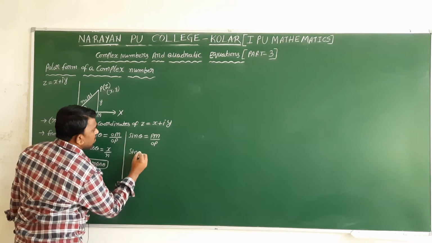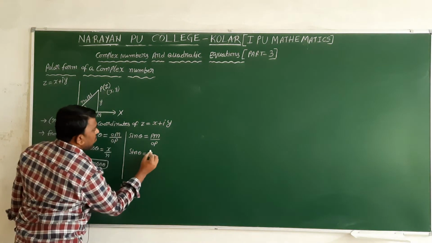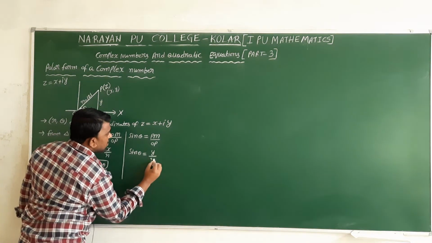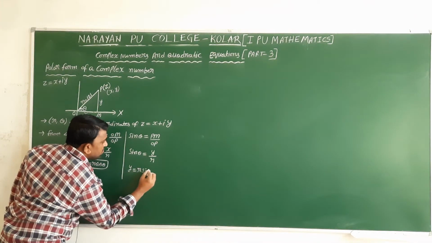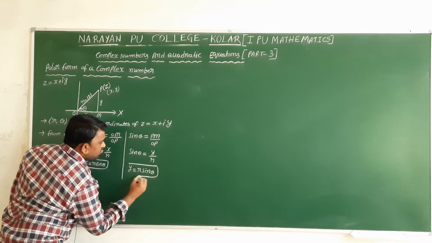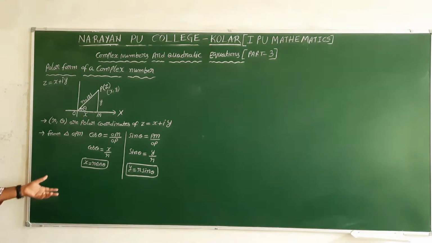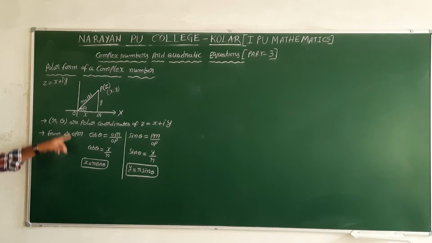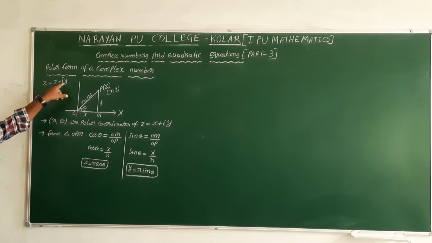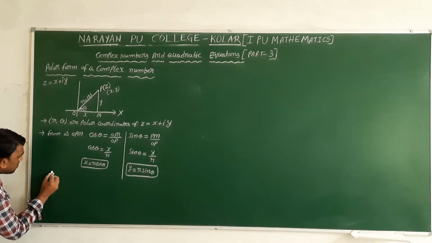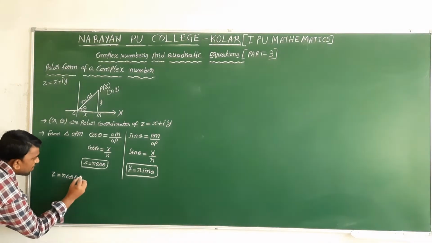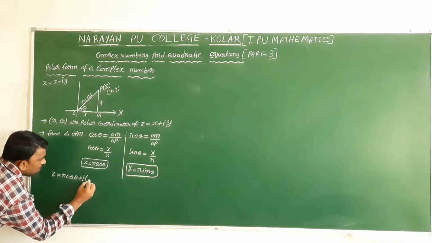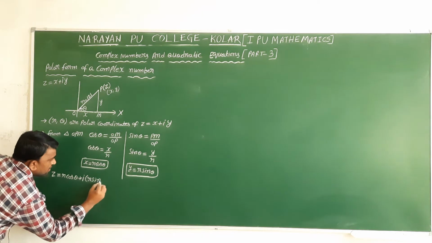Sin theta equals PM, which is y, divided by r. So y equals r sin theta. Substituting this x and y in z, z equals r cos theta plus i r sin theta.